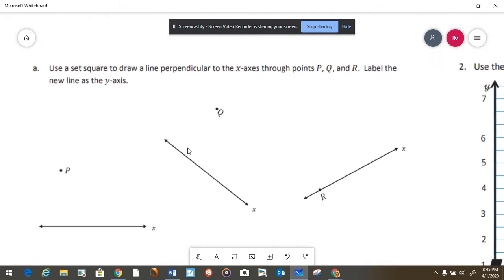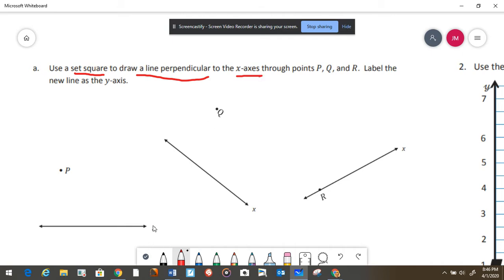We're going to identify this as a horizontal line, a diagonal line from left to right, and from right to left, and here's another diagonal line. Our instructions say: use a set square, which is the ruler, to draw a line perpendicular to the x-axis.